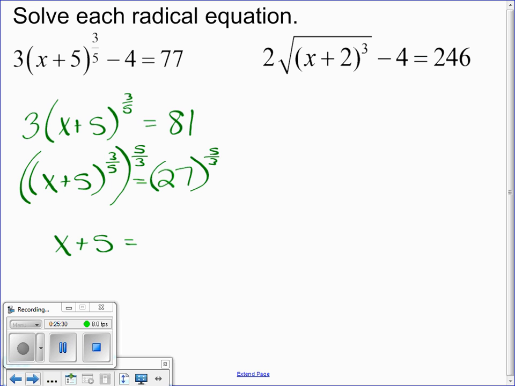You're right. Cubed root of 27 is 3. 3 to the 5th power is 243. So then x equals?